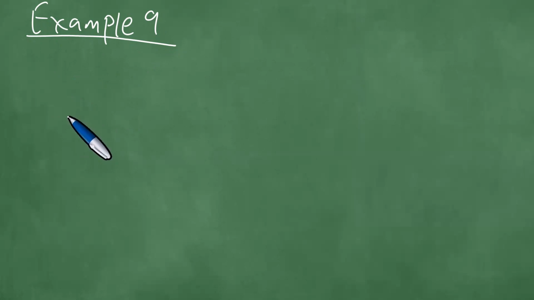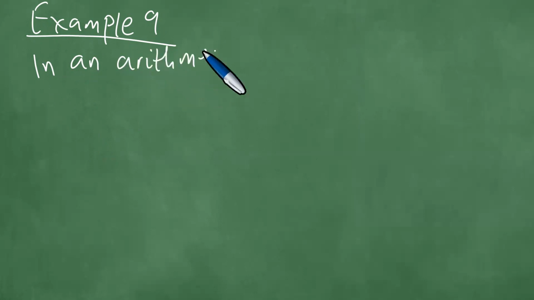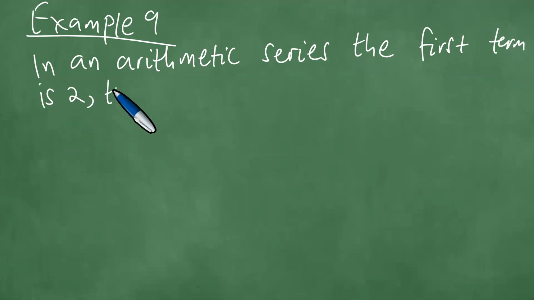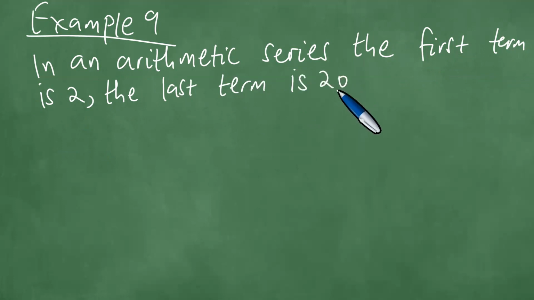Example 9 says in an arithmetic series, the first term is 2. The last term is 20. Okay, let me just clean up.